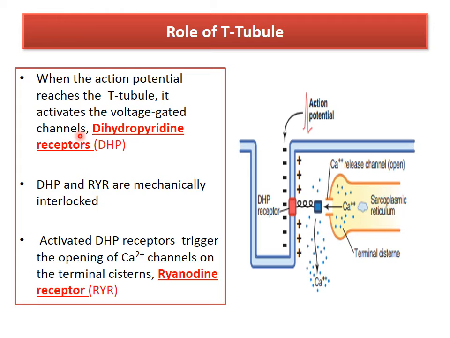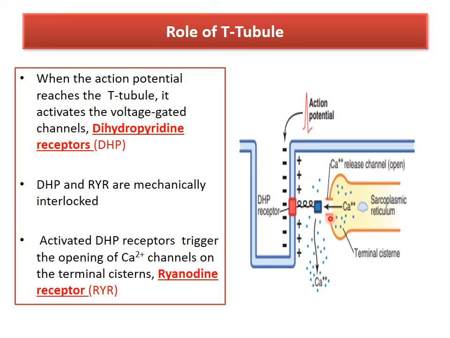dihydropyridine channels or receptors. Now these dihydropyridine receptors are mechanically interlocked with ryanodine receptors. And you know where the ryanodine receptors are present? These are present at the terminal cistern of the L tubule. Here you can see in the picture, whenever the dihydropyridine receptors are activated due to the action potential, as they are voltage gated, these receptors trigger the opening of ryanodine receptors.